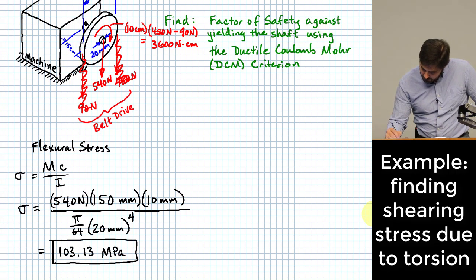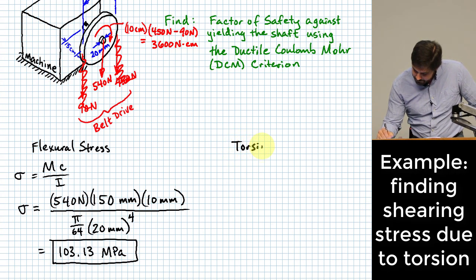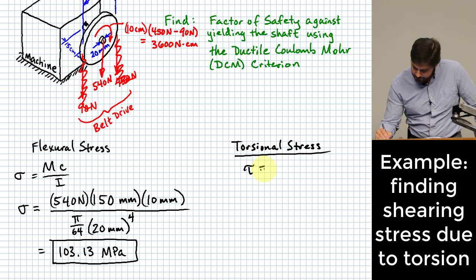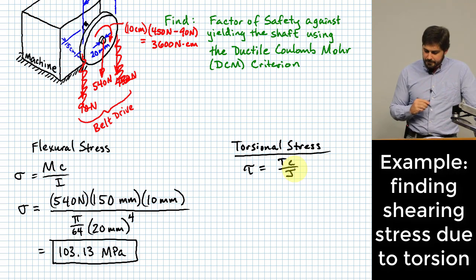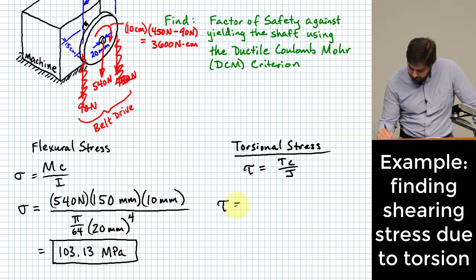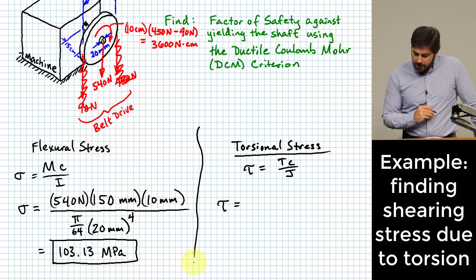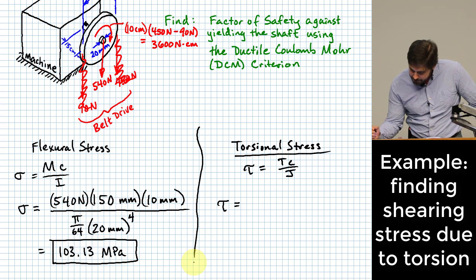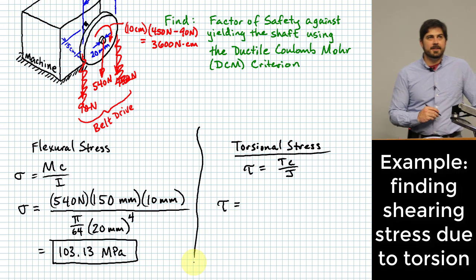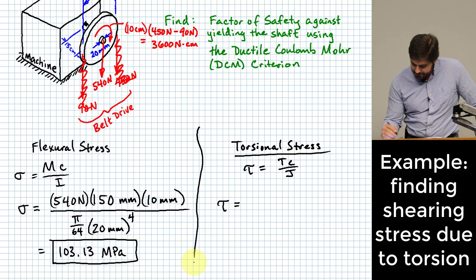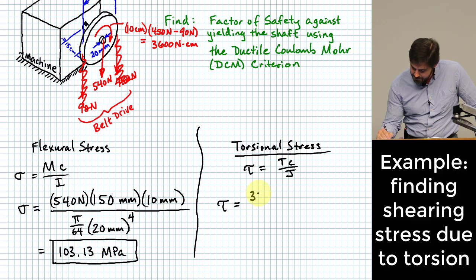All right, so torsional stress. Tc over J. What we'll have there is the torque being 3,600 Newton centimeters. What would that be in Newton millimeters? 36,000 Newton millimeters.